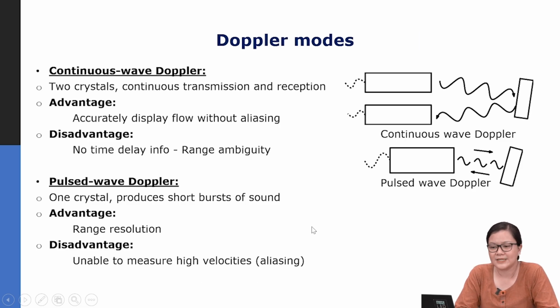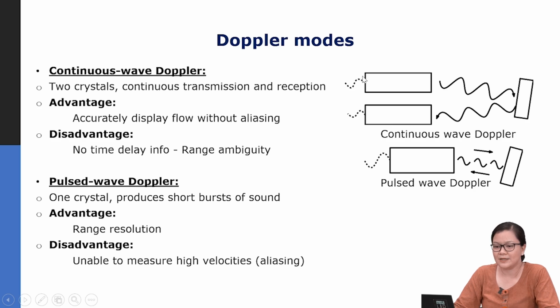Other Doppler modes include continuous wave Doppler. What this involves is two crystals, and typically one is in continuous transmission mode. Here's an example of the transmitted signal from one crystal, and that interacts with a portion of the tissue, and a signal is received back that is shifted in its frequency.